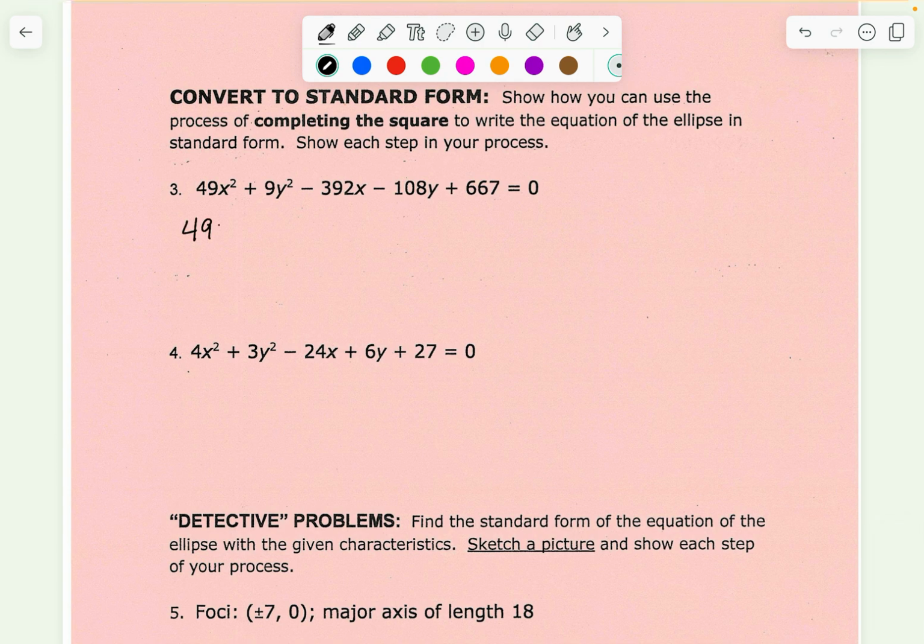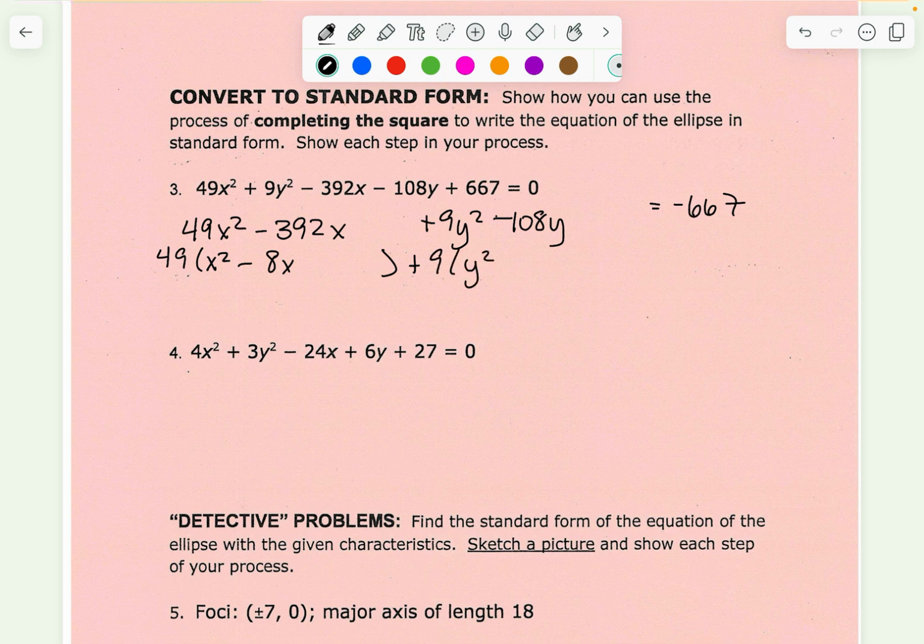All right, converting to standard form. Completing the square. Start that out by organizing my equation. Factor out 49. 392. 8x, 9. Add 16, but I'm actually adding 784.